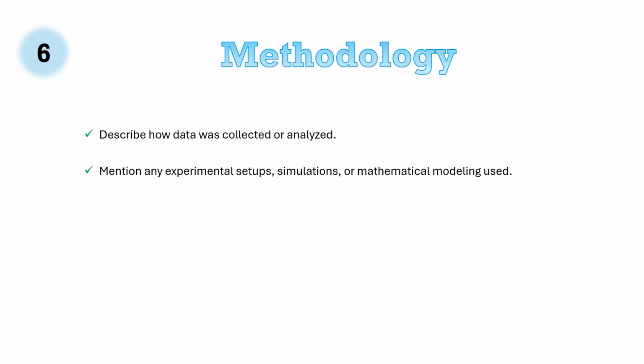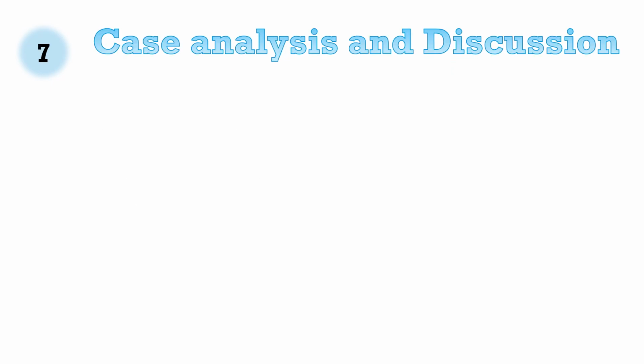Next to that, mention the experimental setup, simulations, and mathematical modeling used in that particular instrument. If some assumptions are there with respect to the study, those should also be included in the methodology.